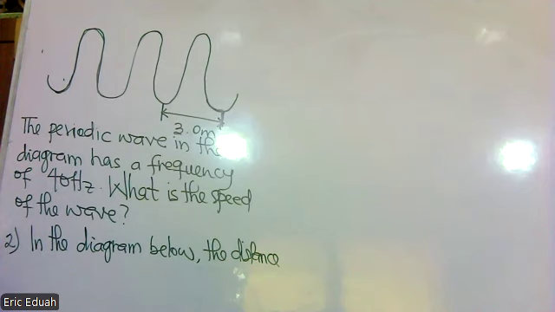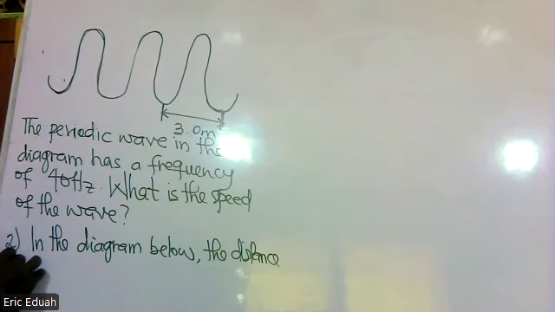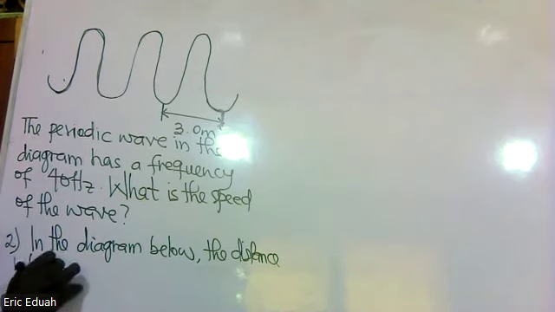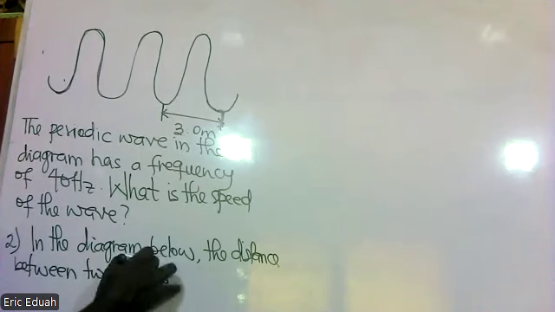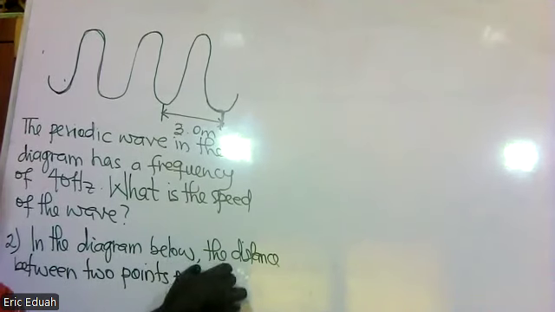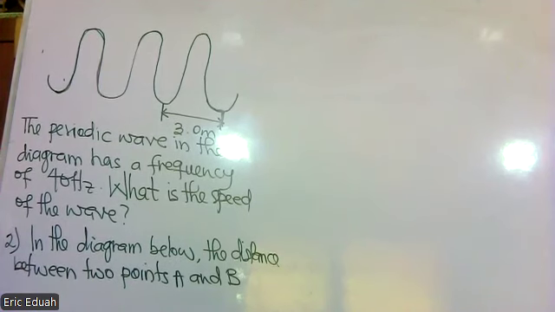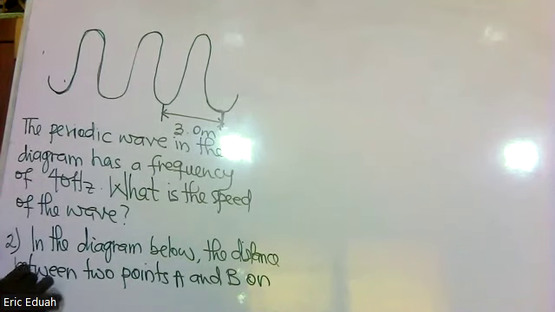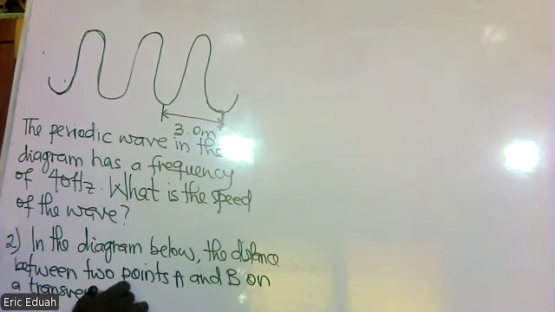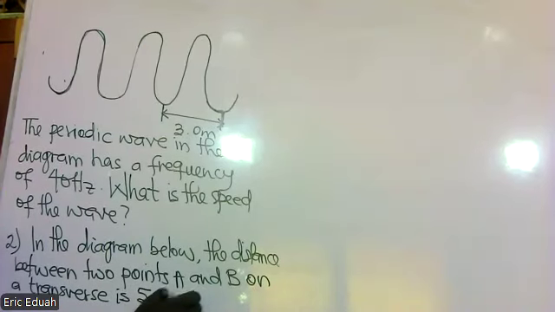The distance between two points A and B on a transverse wave is 5.0 meters.